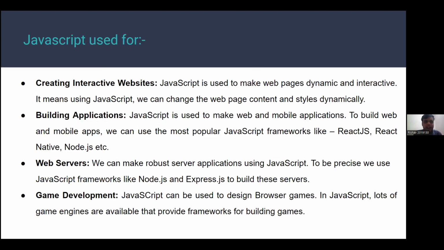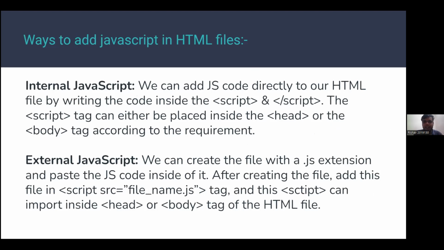And what is JavaScript used for? Mainly, JavaScript is a programming language that can be used for creating interactive websites, building applications, web servers, and it is also used in game development. And how do we add JavaScript to an HTML file?